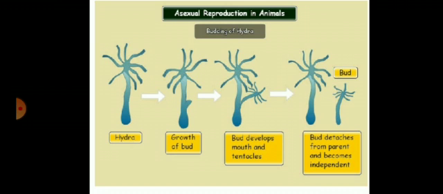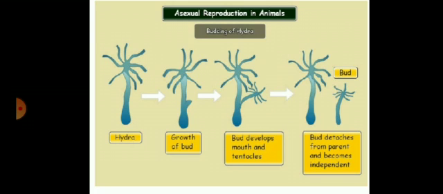What is the meaning of budding? Budding is a form of asexual reproduction that results from the outgrowth of a part of the body. Then the bud is separated from the original organism, forming two individuals.